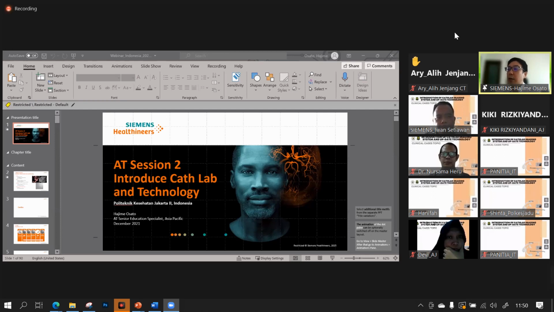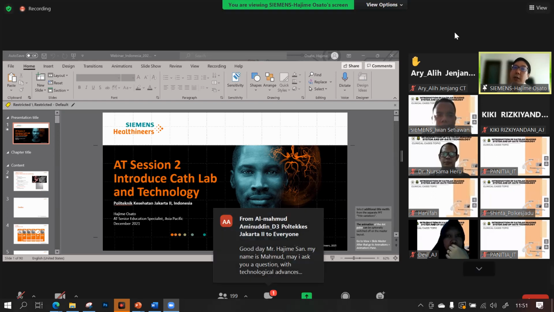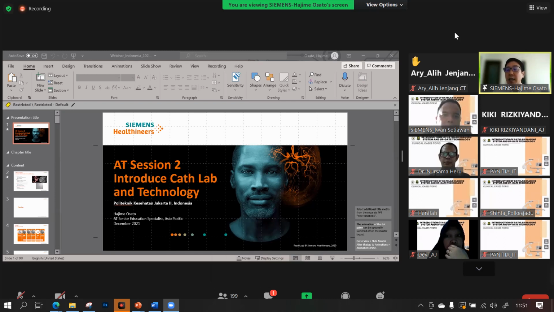And how accurate is QCA in determining the length of the stenosis? QCA needs calibration, for example catheter calibration and isocenter calibration. So the accuracy depends on the calibration rate. If the calibration factor is totally different from the actual rate, the result will also be wrong. But we have some accurate range.